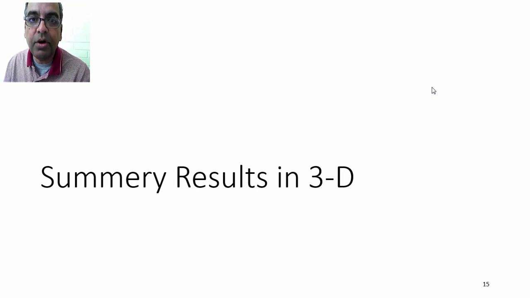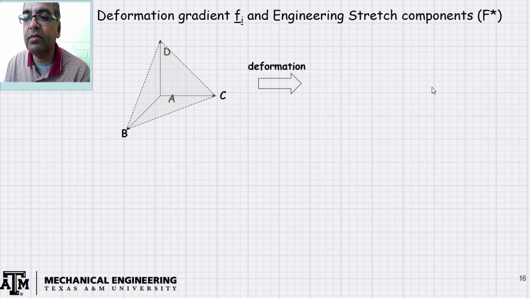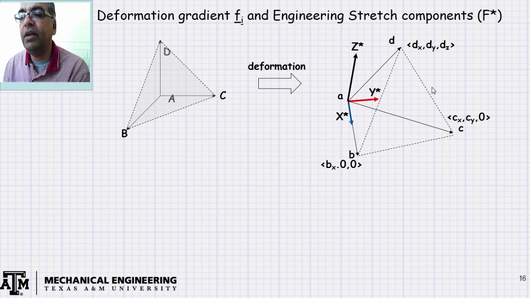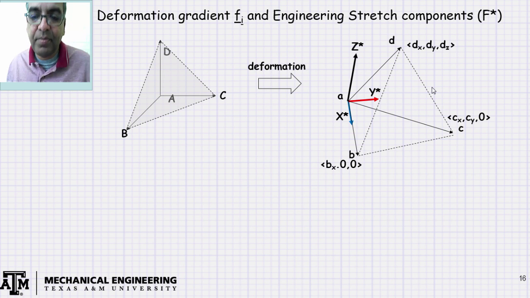So I'm going to do a summary so that you can see how it works. Here's the original, here's the deformed shape. Now we are going to define some things.